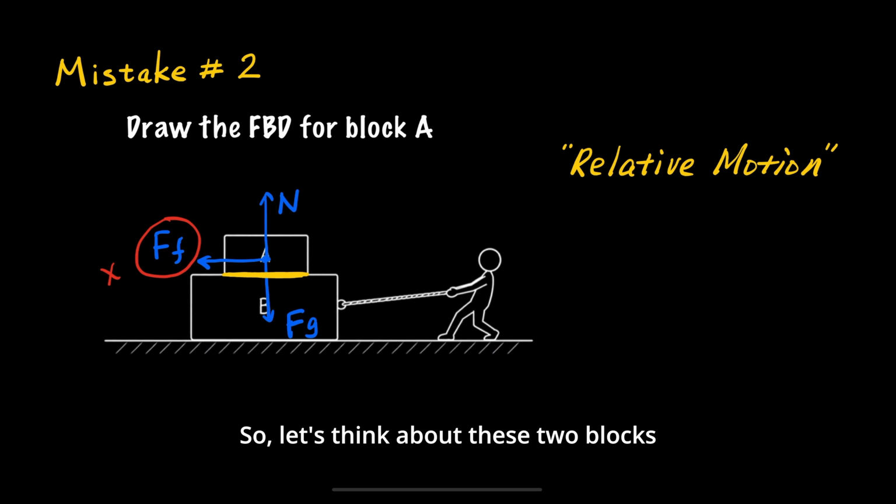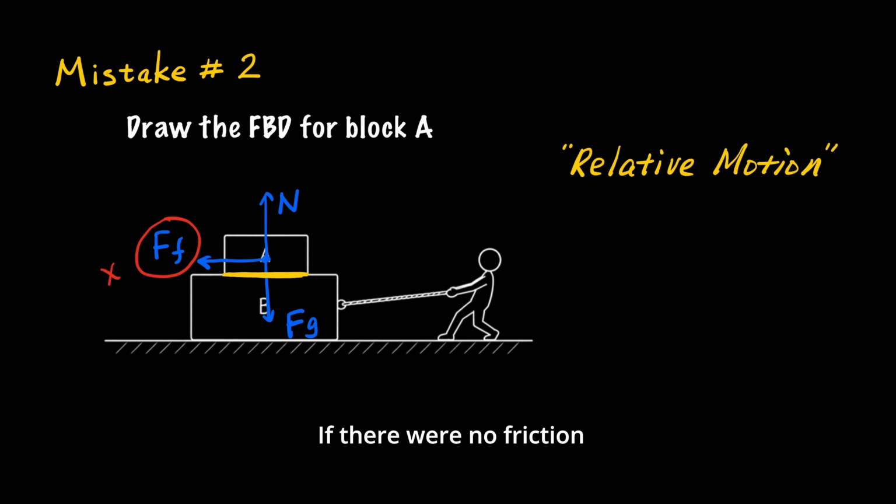So let's think about these 2 blocks. If there were no friction, what would happen? The bottom block would move to the right, but the top block would tend to stay where it is. That means, relative to the bottom block, the top block would slide backward.